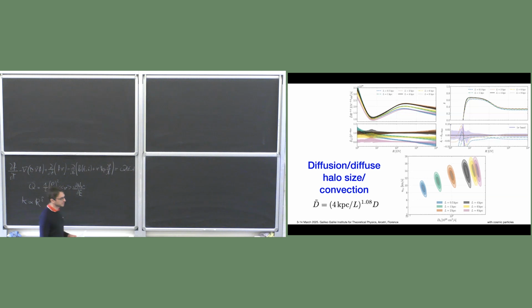It's not important to see the parametrization, but it's basically a double broken power law. And in particular, in the shape of the diffusion coefficient with rigidity, in this case, as you can see, here there is a hard spectrum, a change of slope at about a few gigavolt, and another change of slope here at about a few hundred gigavolt.